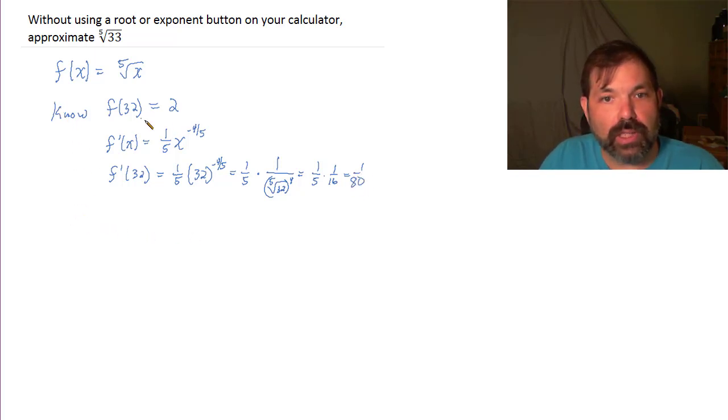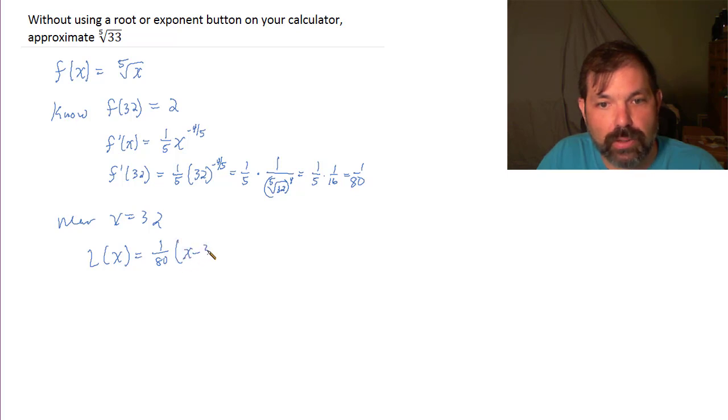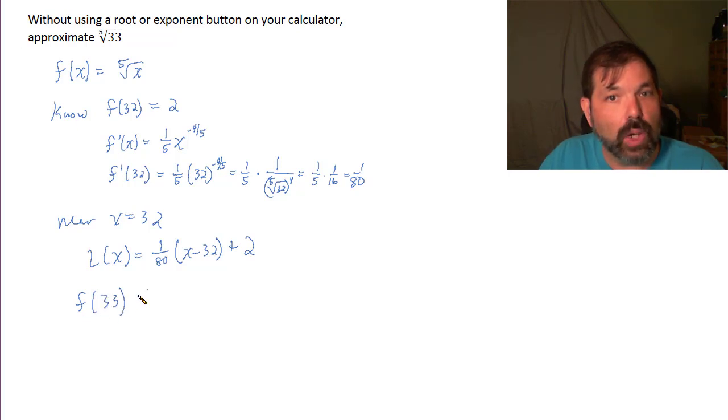So near x equals 32, the linearization would be 1/80th times x minus 32 plus 2. And so f of 33, the fifth root of 33, is approximated by the linearization at 33.